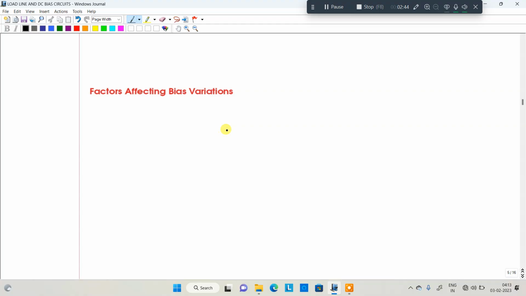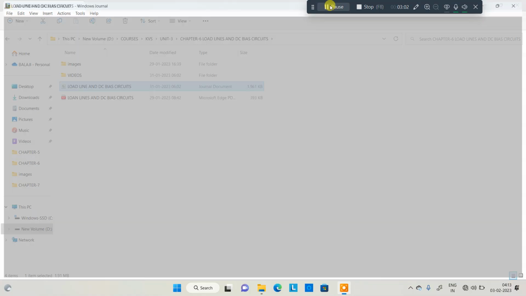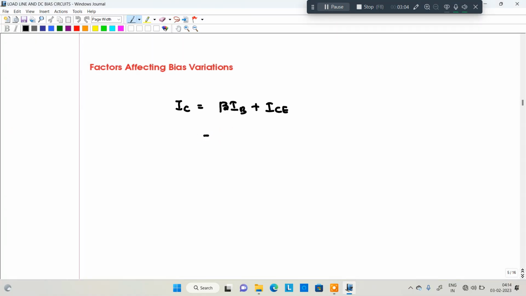From the thermal runaway concept, I'm going to take one formula. You know that IC is equal to beta into IB plus 1 plus beta into ICO, right?